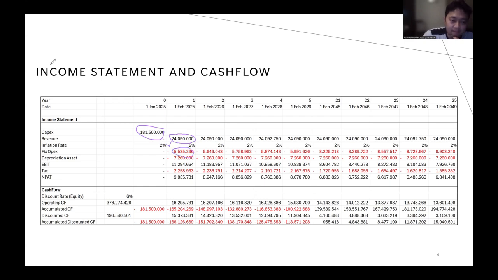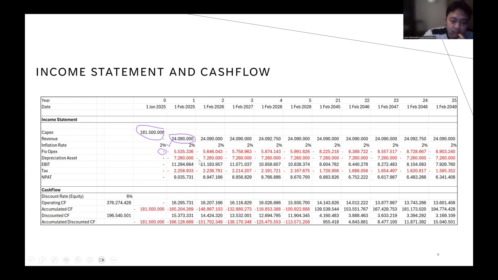Previously I had already calculated the 5,400,000 from the zero period, and then it increases by 2% in the first year, so it will be 5.5 million, and then goes up until the 25th year, which is almost 8.9 million dollars per year.